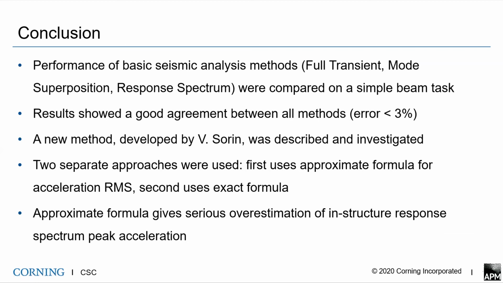Then a new method developed by Vladimir Sorin was described and investigated. Two separate approaches were used. The first uses an approximate formula for acceleration standard deviation, and the second uses the exact formula. It was shown that the approximate formula gives overestimation of the structure response spectrum peak acceleration, but the exact formula gives a good approximation.